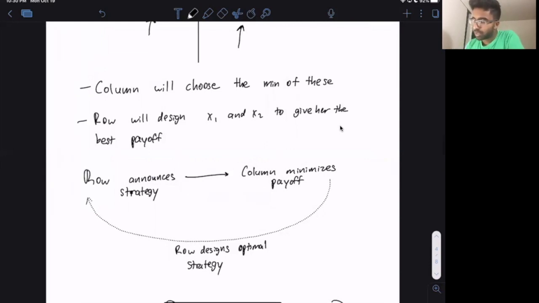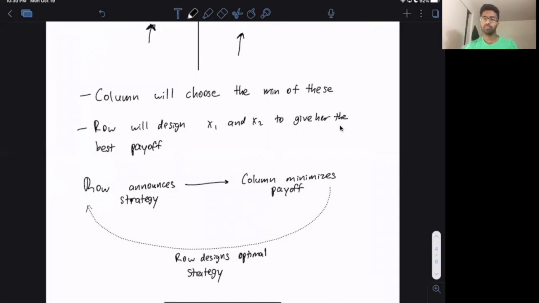So step one is basically row announces her strategy to the public, right? What column is going to do is see which option, C or D, helps minimize the expected payoff as best as possible, right? So column is going to want to minimize the payoff by choosing either C or D to play every single time.